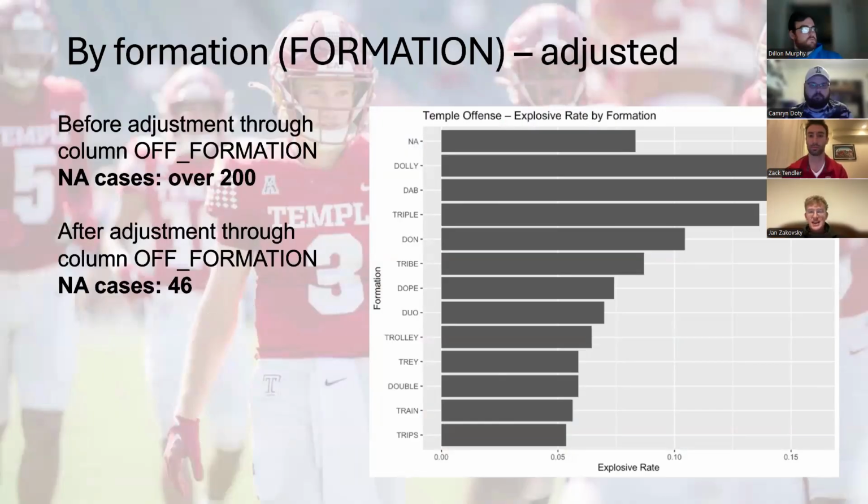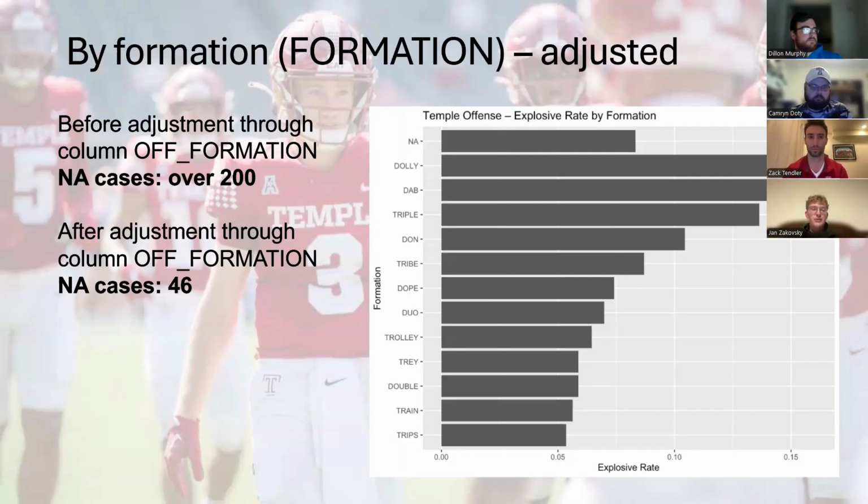Yeah, so as Zach said, dolly formation was the most explosive one, with the highest explosive rate overall. For the formation explosive rate pivot table, we actually adjusted the data a little bit because we discovered that in the formation column, over 200 cases weren't filled out.